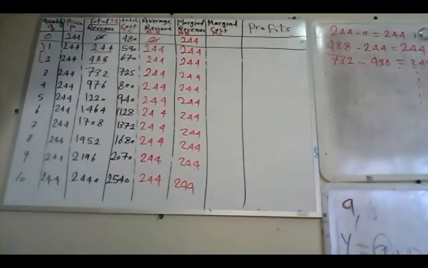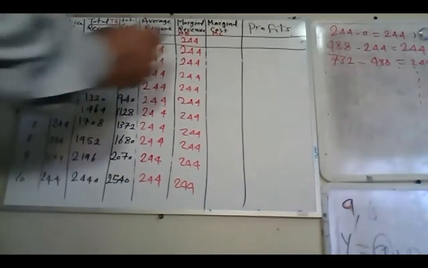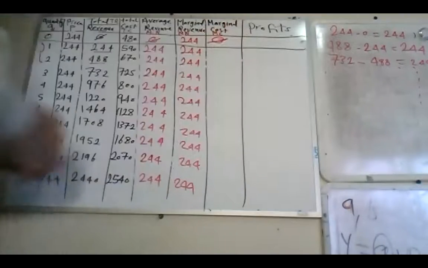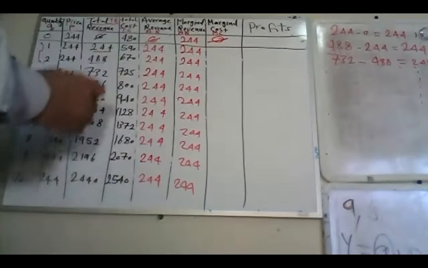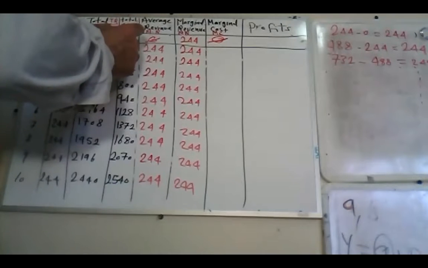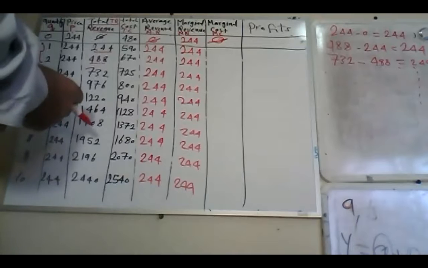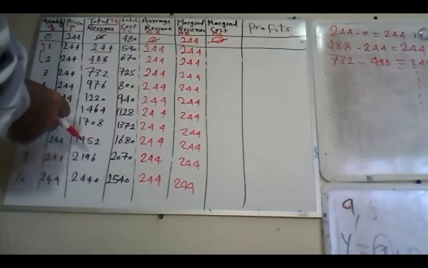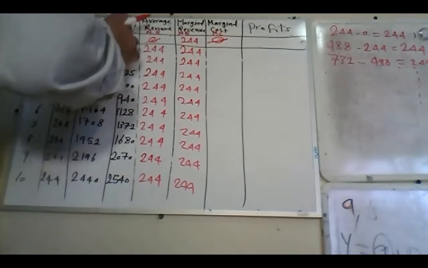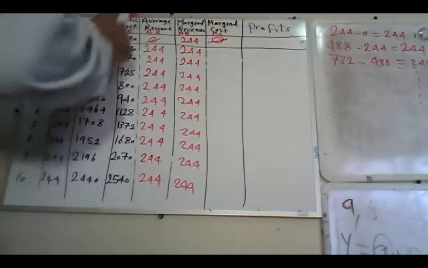For the first one, we will put nil here as well. Then we'll go like this. See, this is the total cost. Then we will deduct each from the one before. As an example, 590 minus 480.